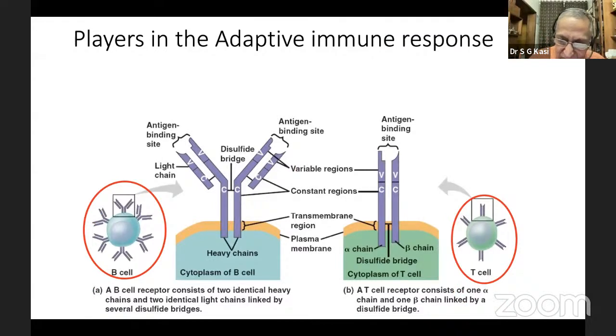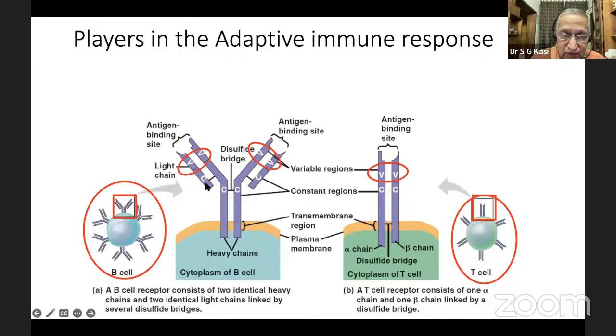And in these two cells, we are mainly concerned with two specialized structures called the B cell receptor and the T cell receptors. The B cell receptor is an immunoglobulin molecule. As you all know, it has a heavy chain and a light chain, and each chain has a variable and a constant segment. Let us concentrate on this variable segment.